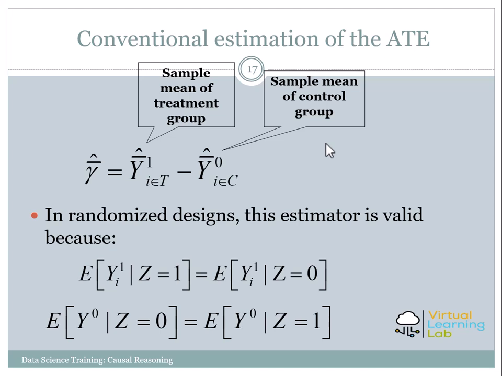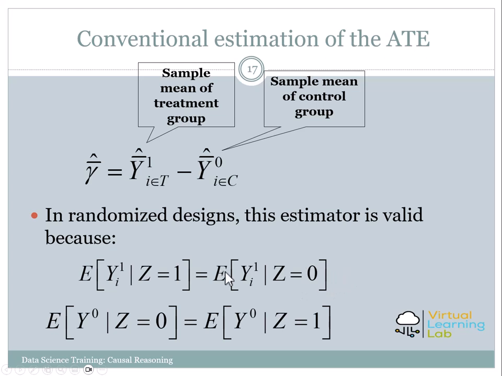It is valid in randomized designs, so experimental designs, because the expected value of the outcome in the presence of treatment for the treated group is equal to the expected value for the treatment condition for the control group if the control group had been treated.